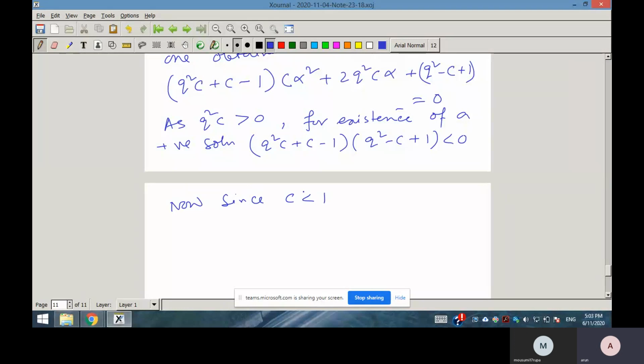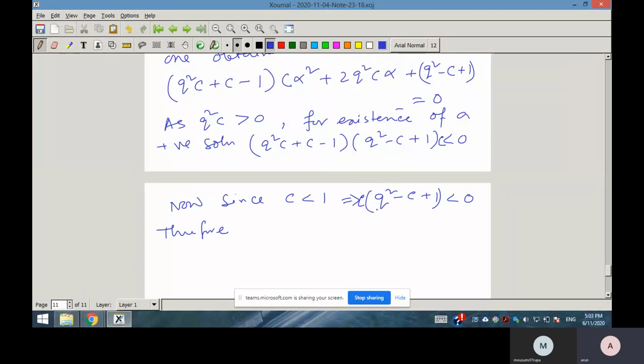Since C is less than 1, q square minus c plus 1 will be greater than 0.